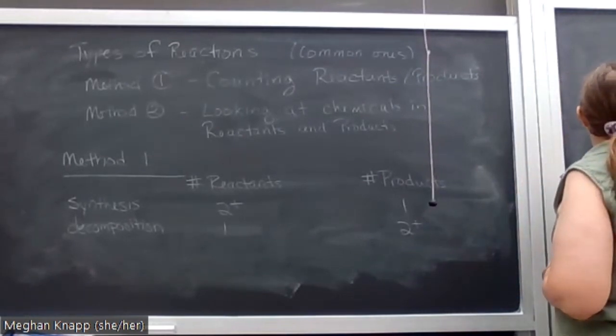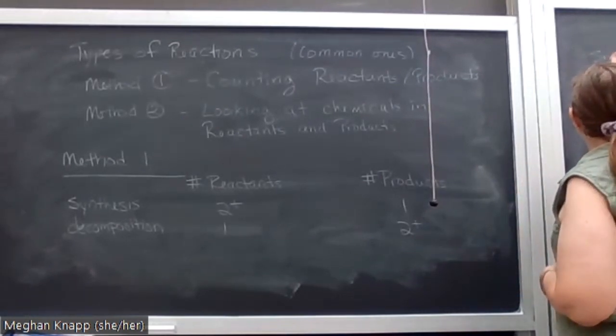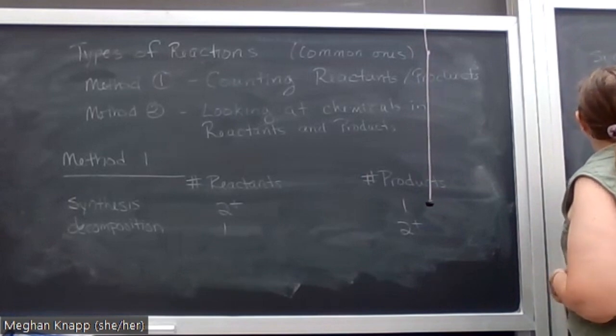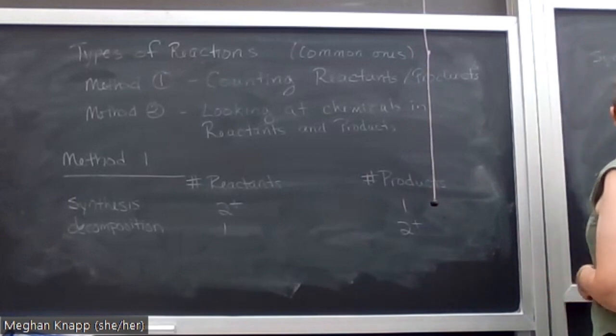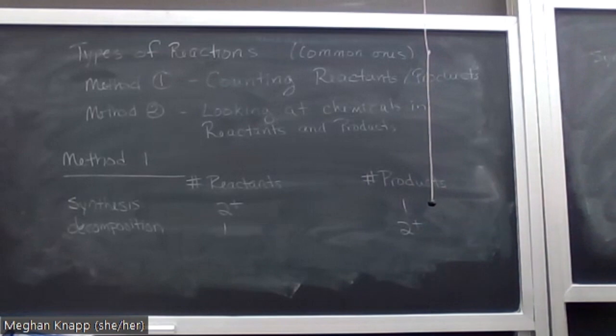All right, so let me do an example. There are many metals that if you heat them or burn them in oxygen, they're going to combine with the oxygen. So we might have iron and oxygen and form basically rust. Okay, so two reactants, one product.